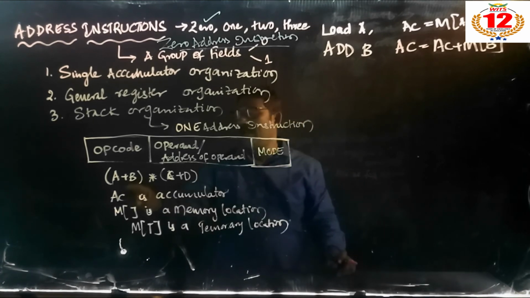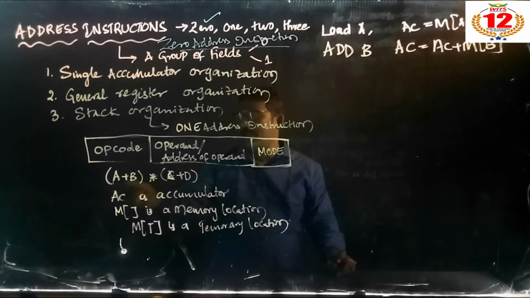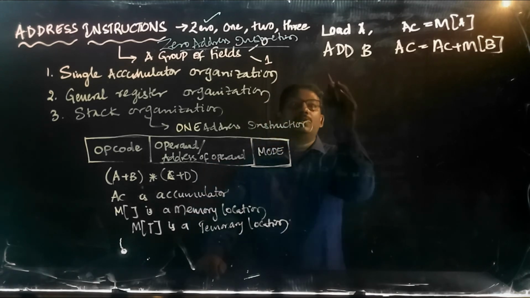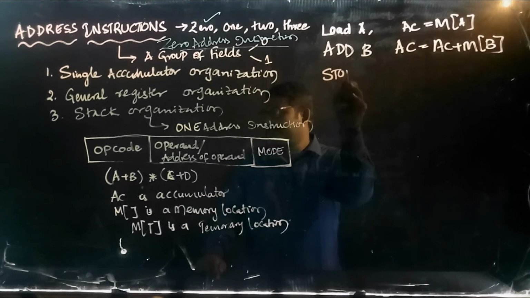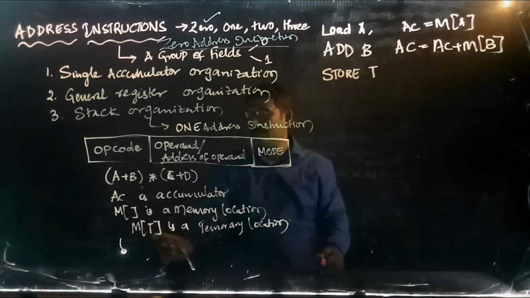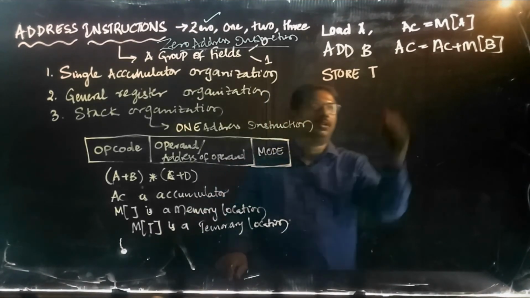So here the problem A, brackets of A plus B, okay. Then asterisk C plus D. This is one set, A plus B. So store T, temporary location. What is T? T is the temporary location.